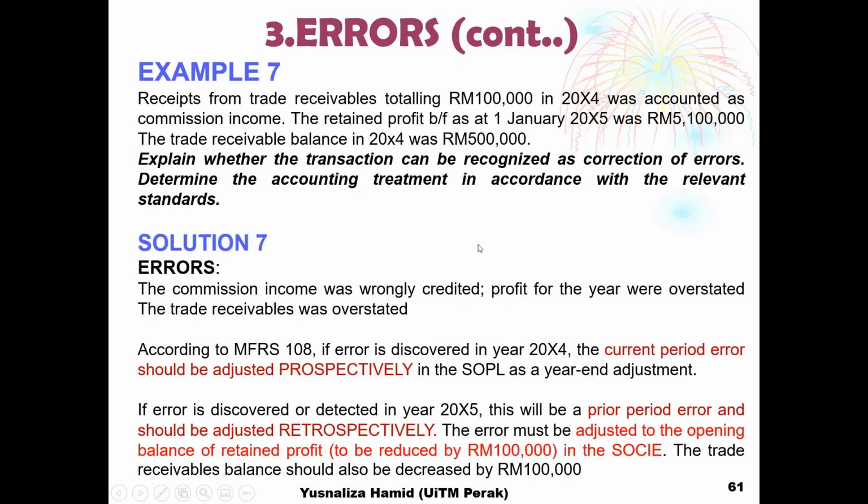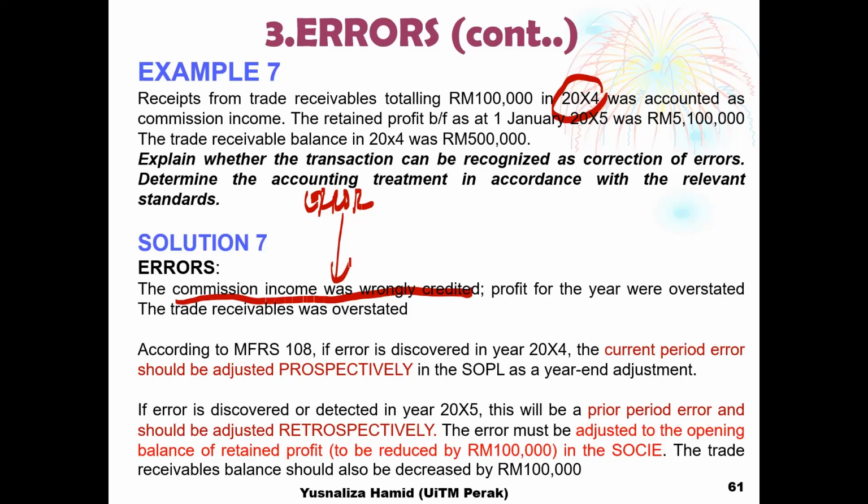Next, let's look at the first example, example 7, on a receipt from trade receivable totaling 100,000 in 20x4. It was accounted as commission income received from trade receivable. So that is the situation where the error is that the commission income was wrongly credited.